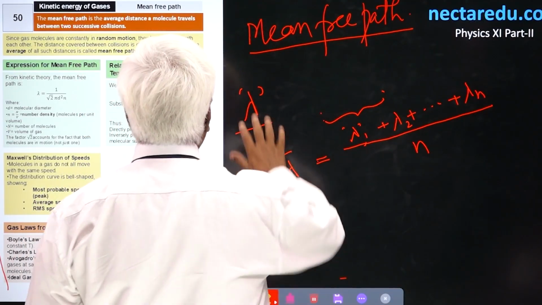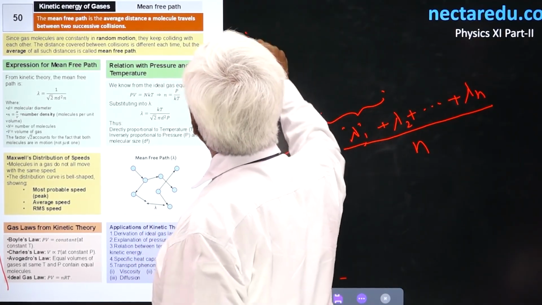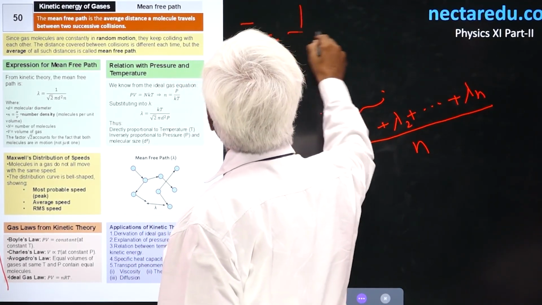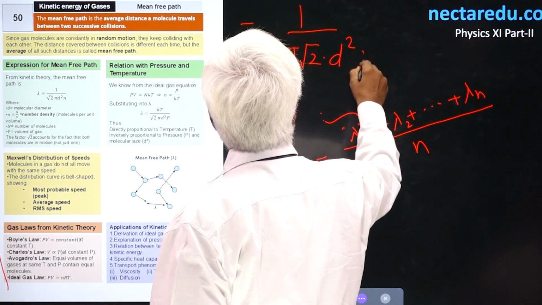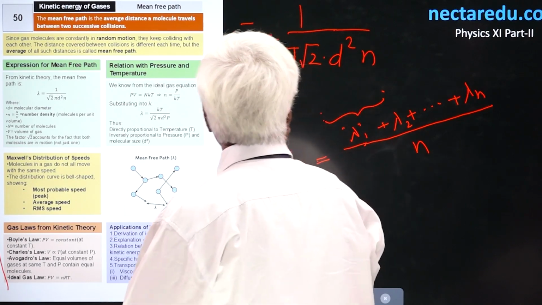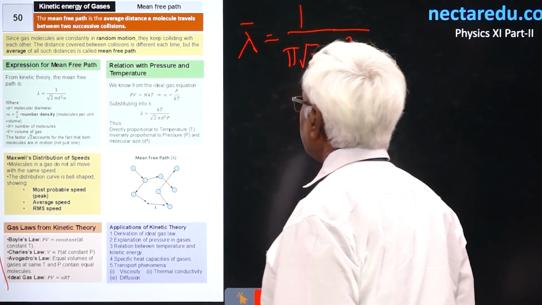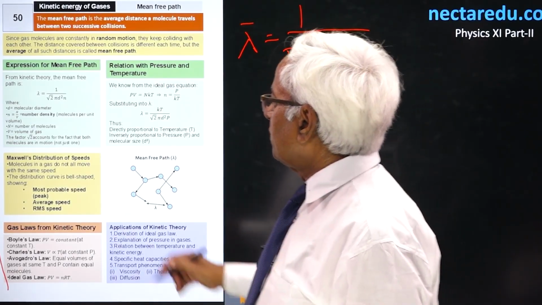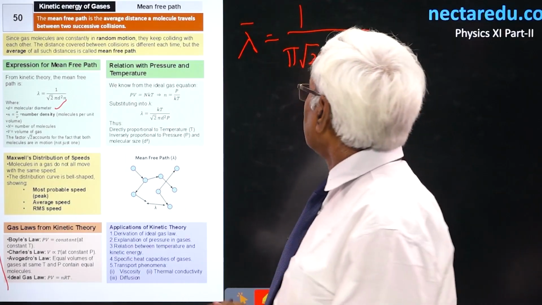Mean free path could be derived equal to 1 by pi root 2 d square n. Here, d is not density. Remember, d is the diameter of a molecule. It's given over here, molecular diameter.